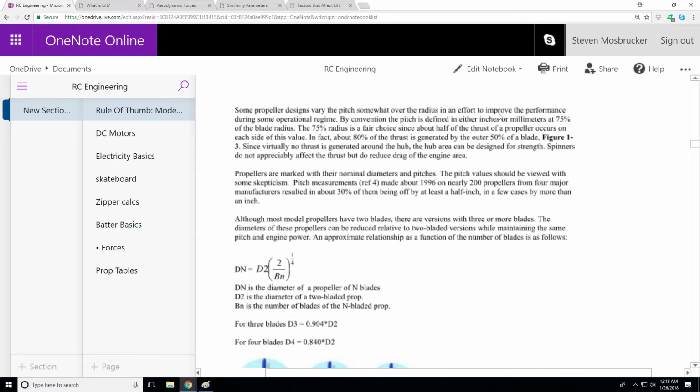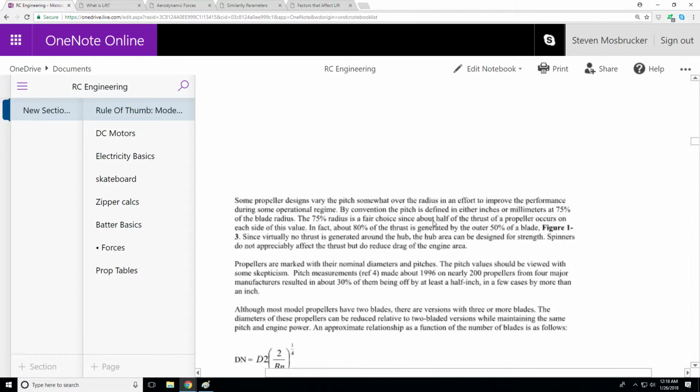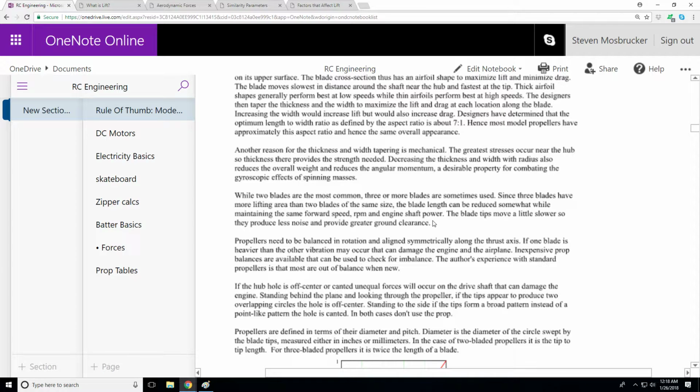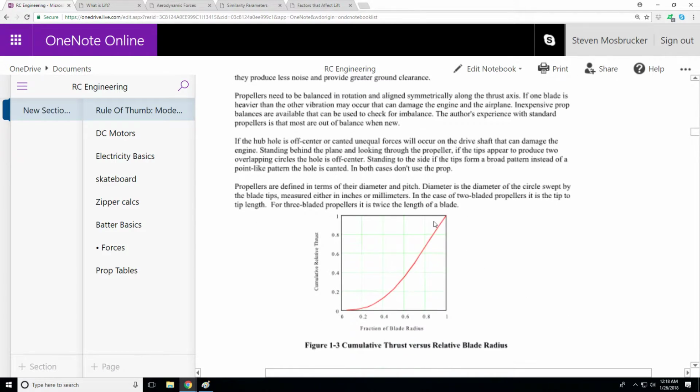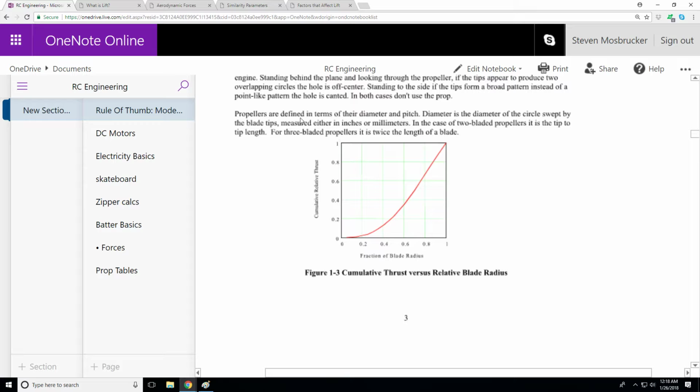So here it's basically saying that the rating of the pitch is rated at 75% of the radius. The pitch of a blade is basically the linear distance, or the forward distance, that the whole plane will travel with the blade attached, right?